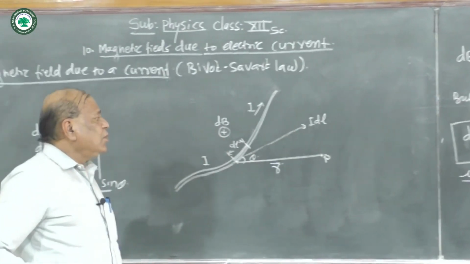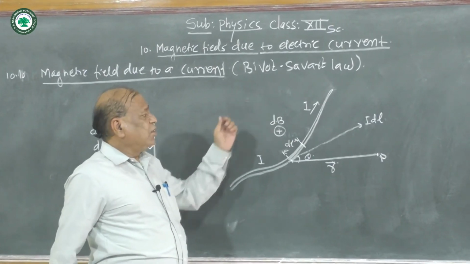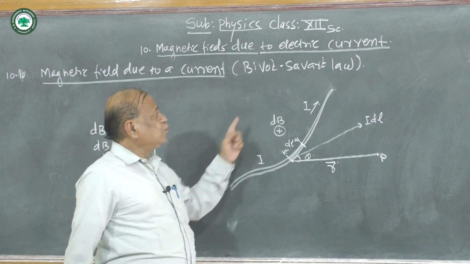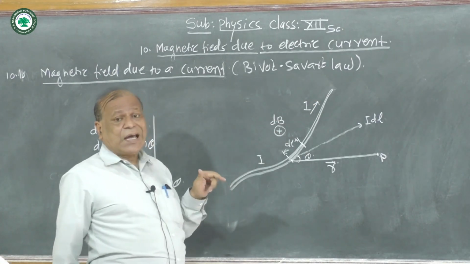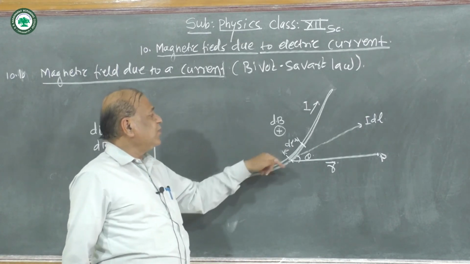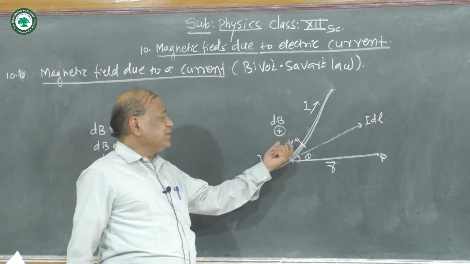Suppose we have to find the magnetic field due to a totally arbitrary coil or conducting wire, which is made up of a large number of small elements dl.